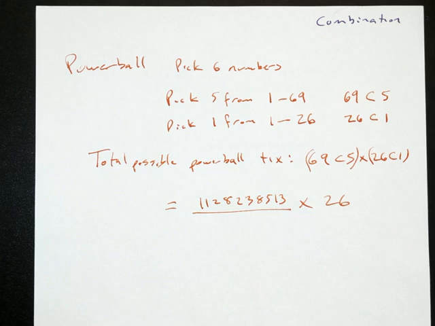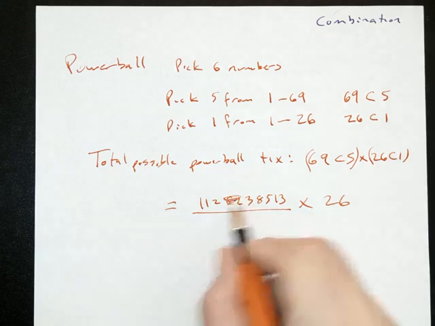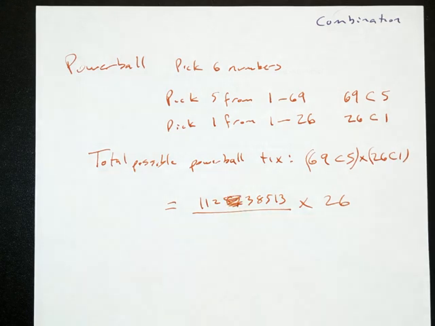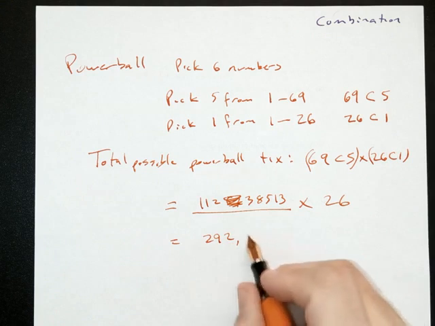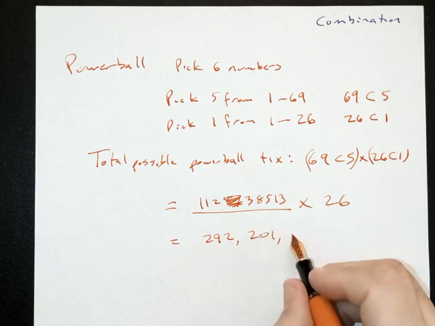Yeah, 1123885. Okay, 112385. I wrote in some extra numbers. Multiply by 26 and you get a big number. 292,201,338.